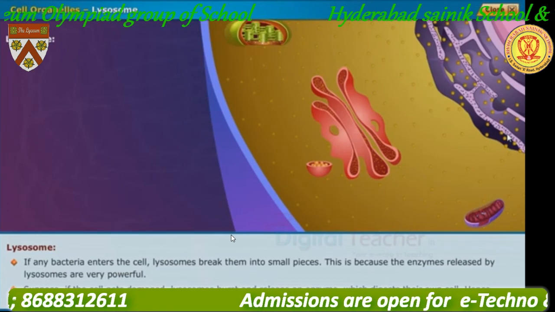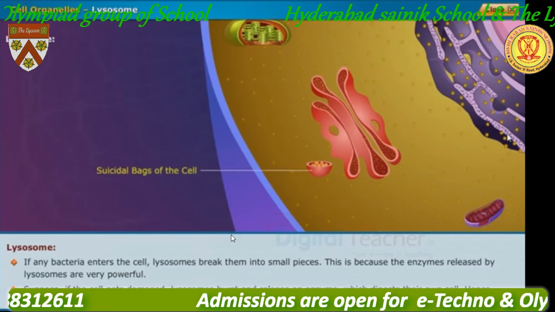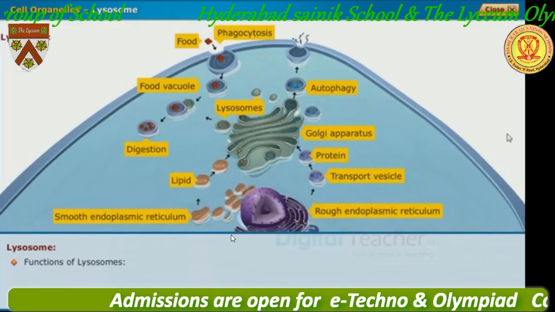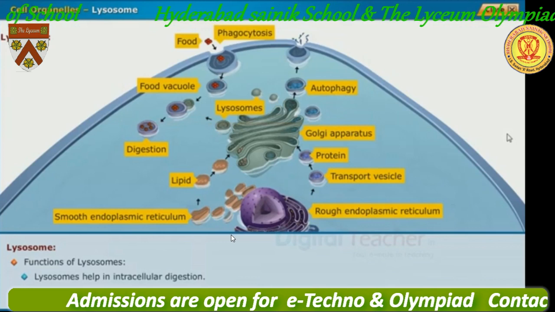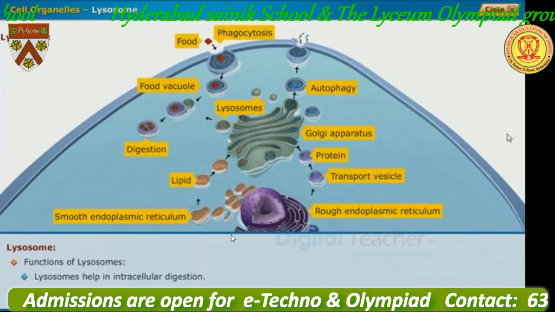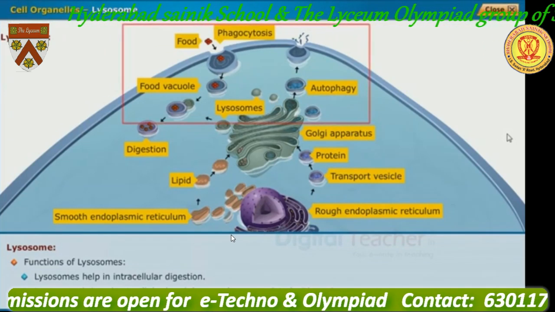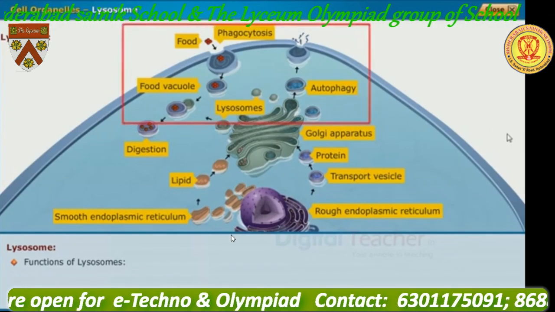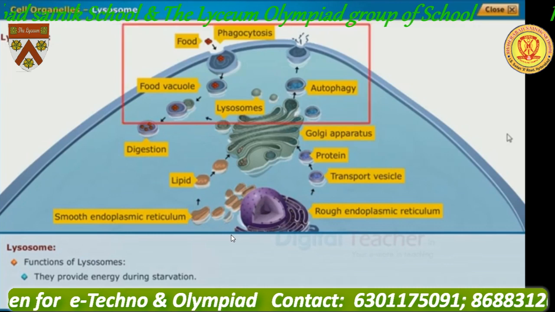Hence, lysosomes are called suicidal bags of the cell. Functions of lysosomes. Lysosomes help in intracellular digestion. Lysosomes bring about cellular breakdown and are associated with aging. They provide energy during starvation.